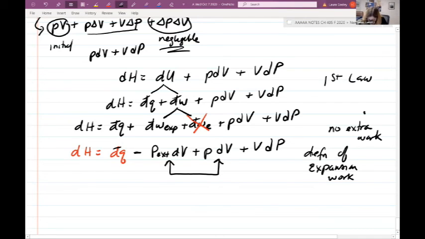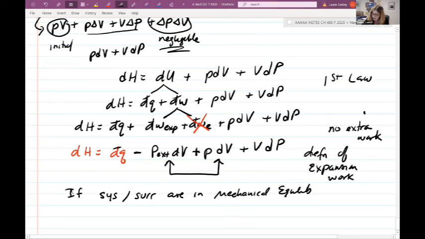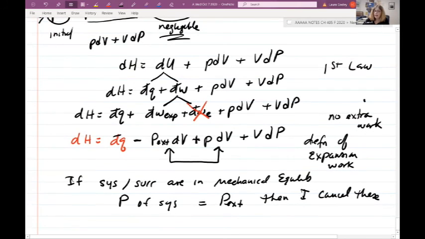And one is negative and one is positive. So the question is, can we cancel these? If I say that the system and the surroundings are in mechanical equilibrium, so that the pressure of the system is equal to the external pressure, then I can cancel them. So that's what I'm going to say. The system and surroundings are in mechanical equilibrium. So that lets me cancel these out.